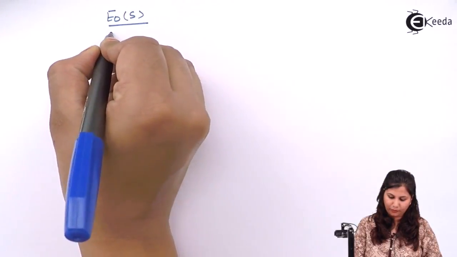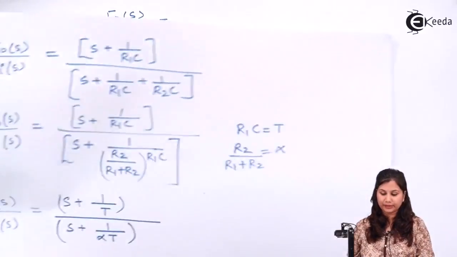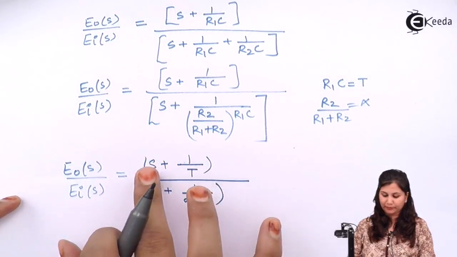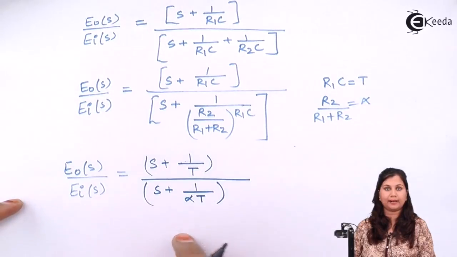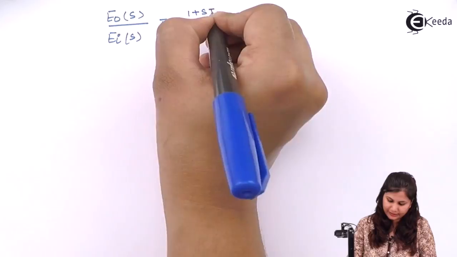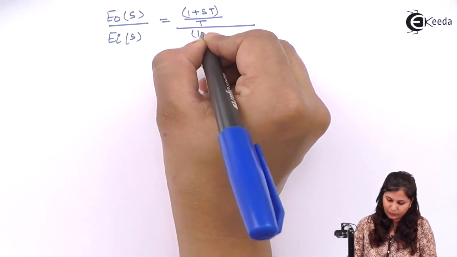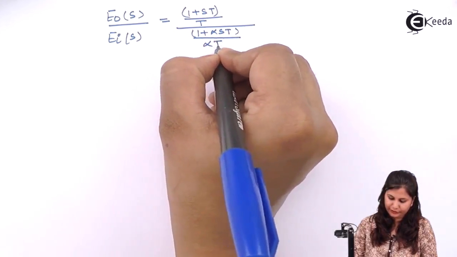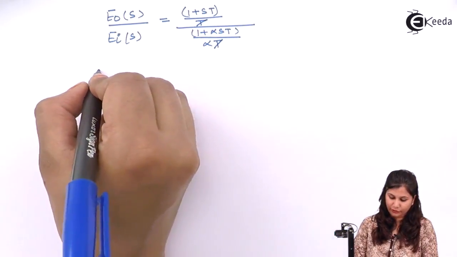Eo(S) upon Ei(S) equals S plus 1 upon T. If we take the LCM, it will be 1 plus ST upon T, and this will be 1 plus alpha ST upon alpha T. So T and T will be cancelled, and this alpha goes in the numerator.